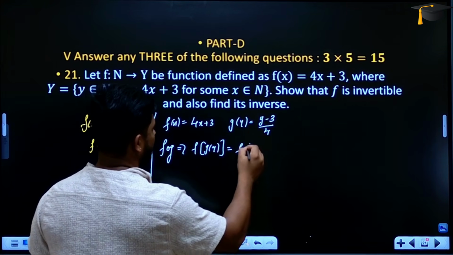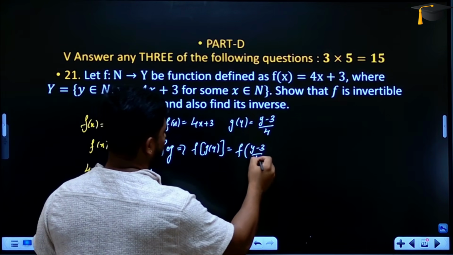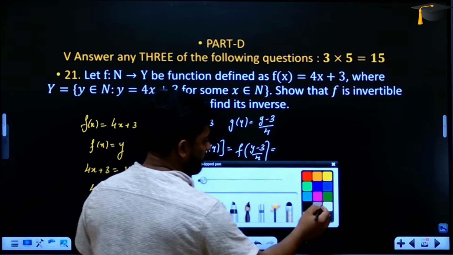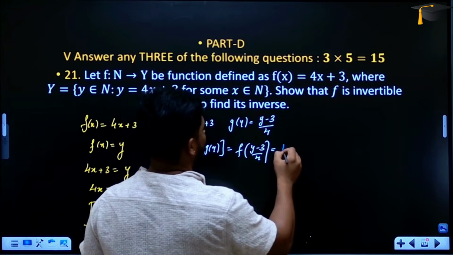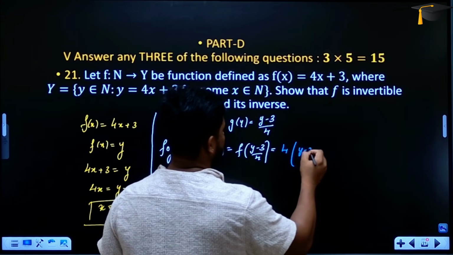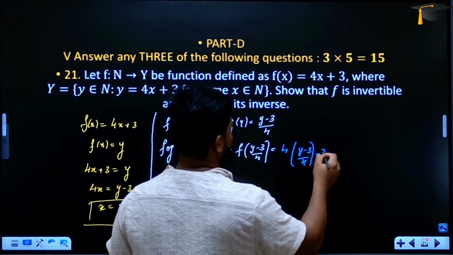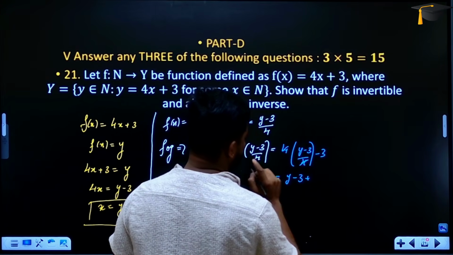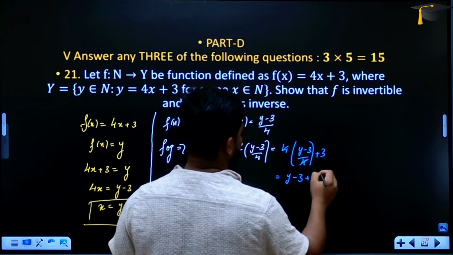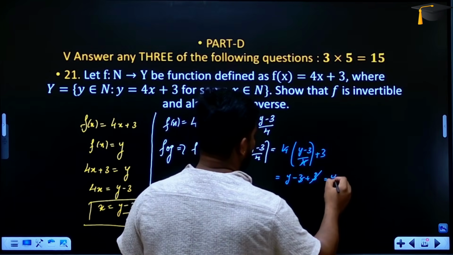So f of y minus 3 by 4. So what is f of y minus 3 by 4? If you substitute in the function, it becomes 4 of y minus 3 by 4 minus 3. So 4 cancel. So y minus 3, this is plus, so this one cancel. So y, you get it.